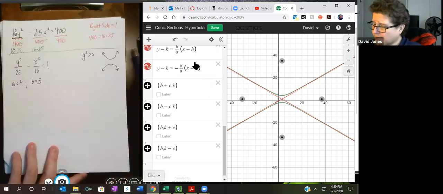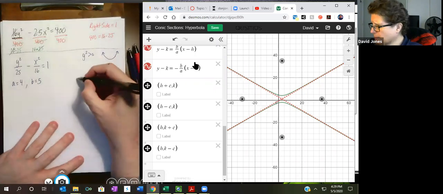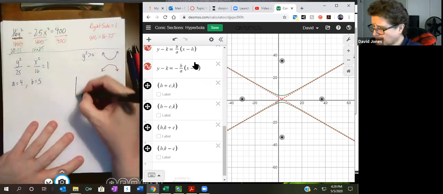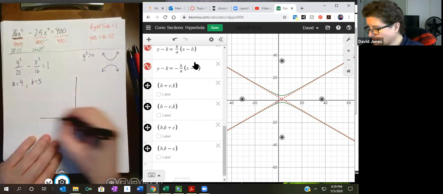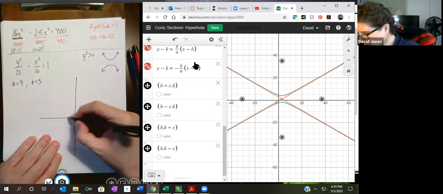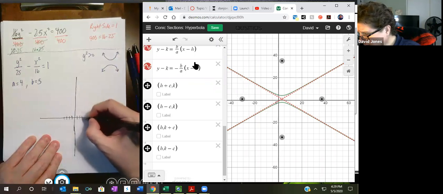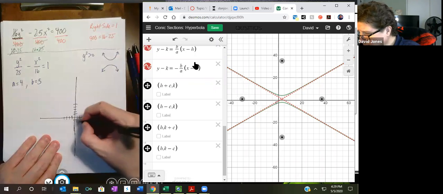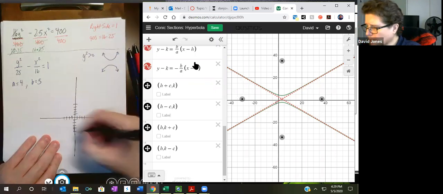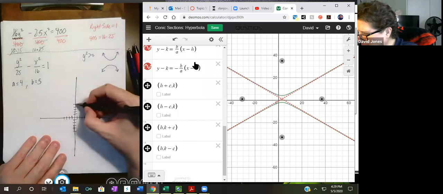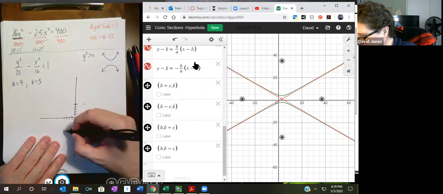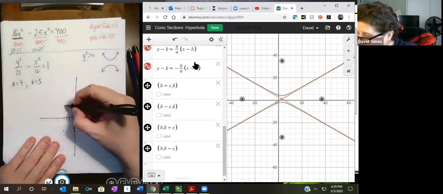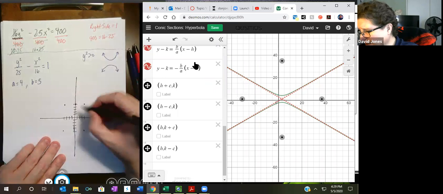I'm going to make my box. Hyperbolas are a little harder to draw because they always go outward. They're not contained like the ellipse. There's my box.